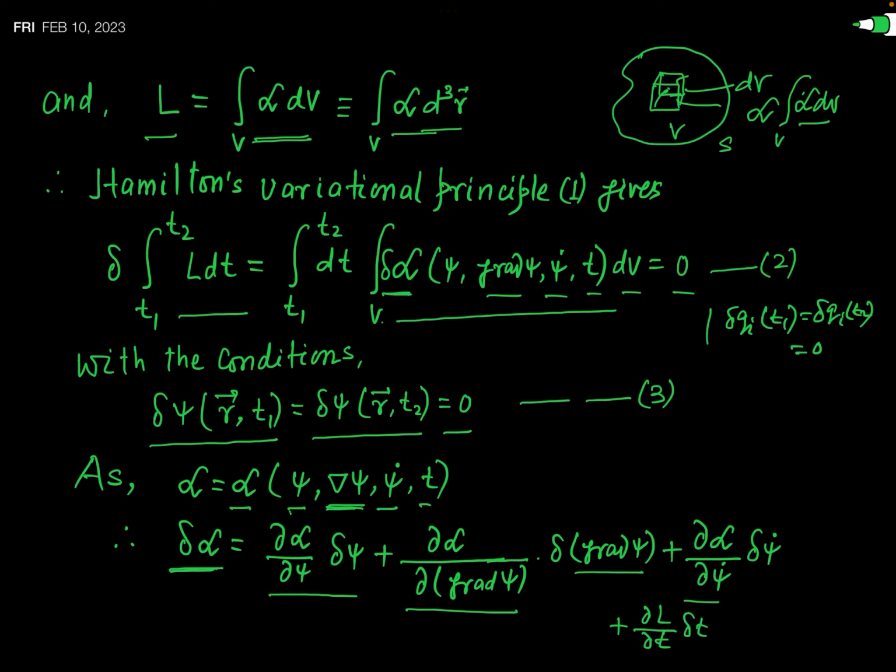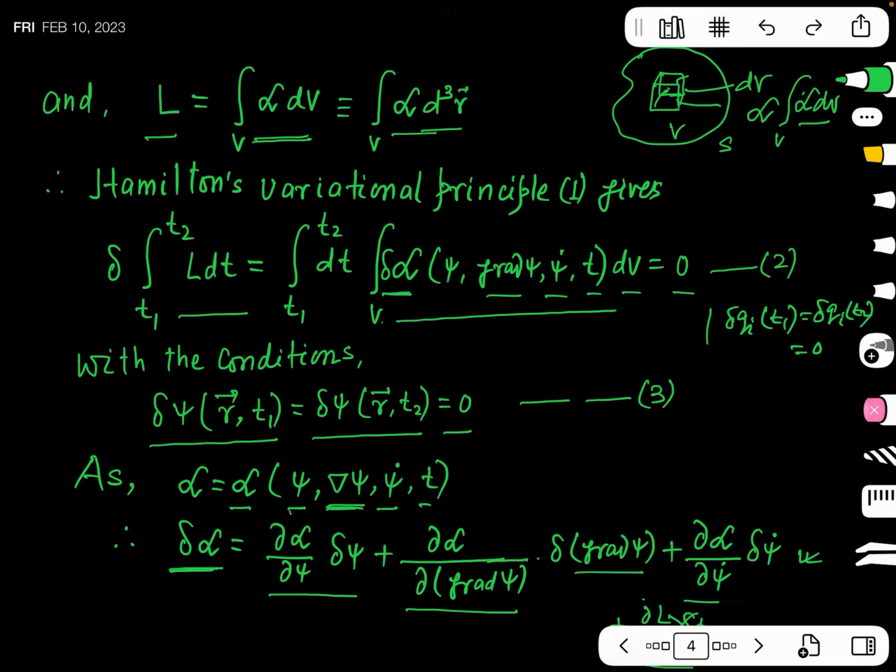But as you know, in the case of this small delta variation at the end point, delta t is equal to 0. So this term will vanish, and therefore I have not mentioned this term here. So delta L is this much.